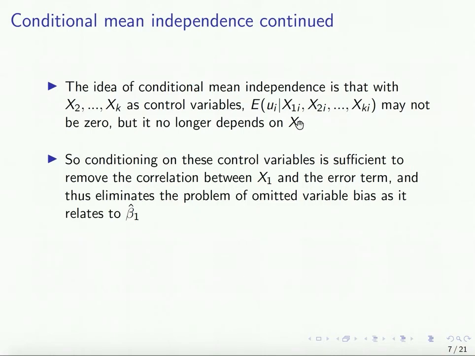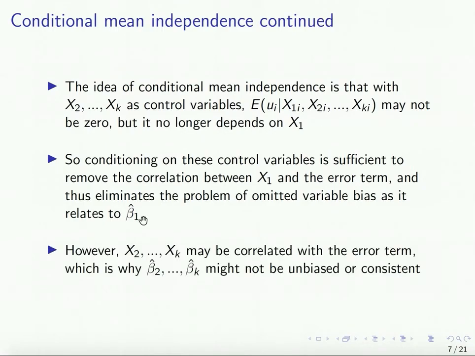But if you found the right control variables, such that you're getting rid of omitted variable bias, then you're in a good place. Now you're going to be able to talk about beta 1 hat in the way you want to. So again, if you add control variables and it gets rid of the omitted variable bias on beta 1, you're in a good place.